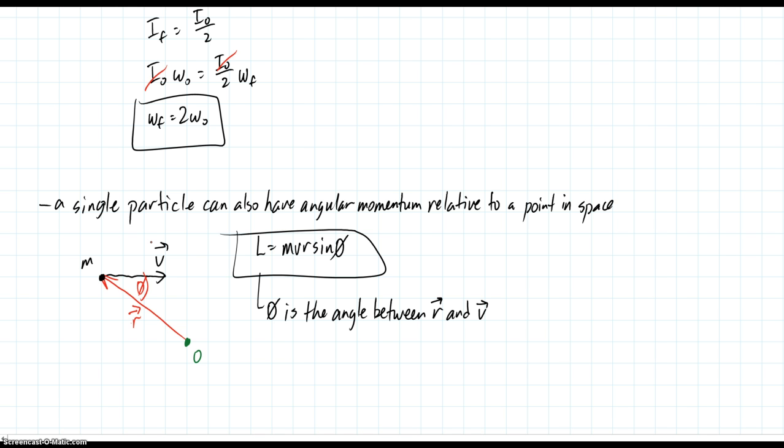A very common way of thinking about this is to think about grouping r and sine phi together. We can see from this diagram a reason why we might do that: r sine phi is this distance here, which is the perpendicular distance between the point O and the line of the velocity. So the particle is going to move, in this case, horizontally straight across, but that value r sine phi is staying the same throughout, no matter where it is.